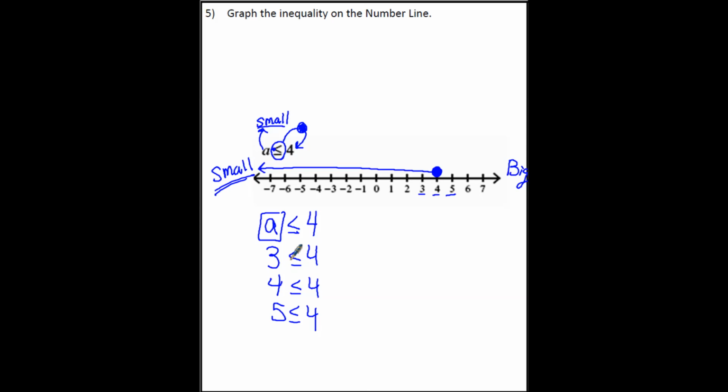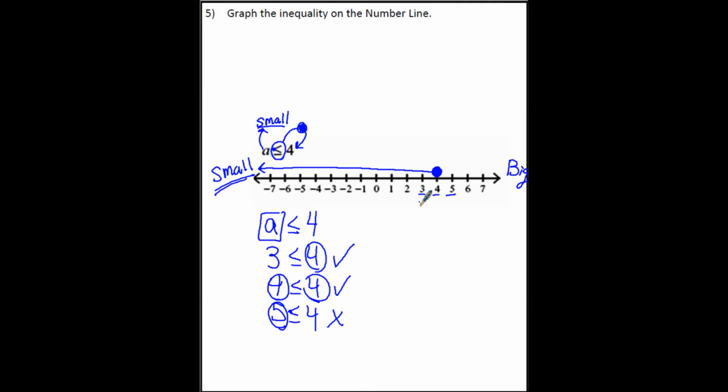Now, if you're comparing 3 and 4, 4 is bigger than 3 because 4 is to the right of 3. Now 4 and 4 are equal, and 5 is bigger than 4. So here it's saying that 4 is bigger, so that's a true statement. Here it's saying that 4 can be equal to, and that's true. Here 5 is saying that it's smaller than 4, and that is not true.